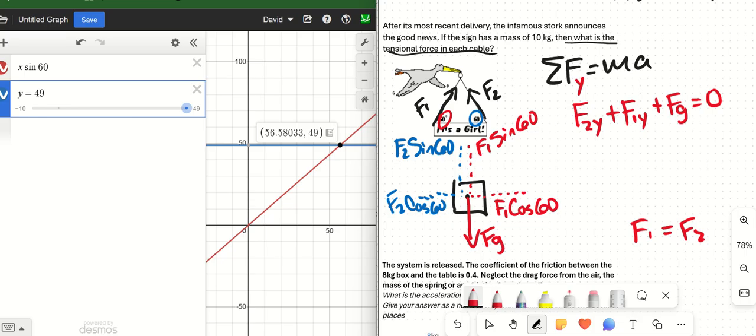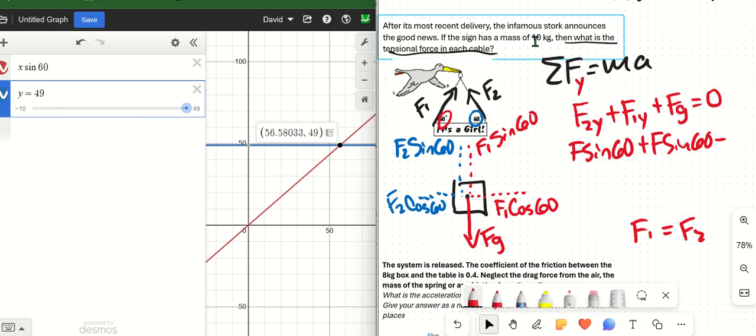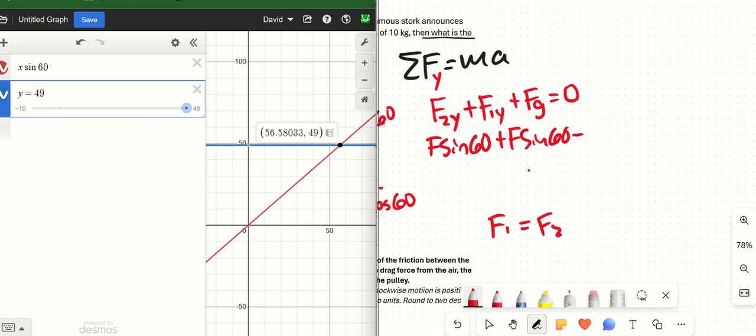Because we know the forces are the same, I'm just going to call it F. So this is going to be F sine 60 plus F sine 60 minus mass times gravity. So this is 10 times 9.8, which gives me 98. And this is equal to 0.